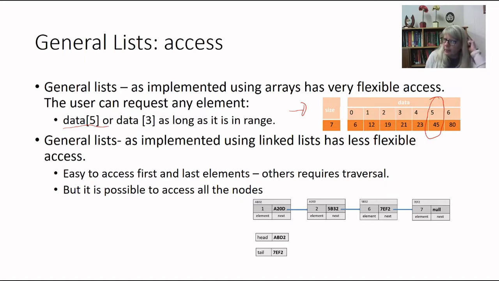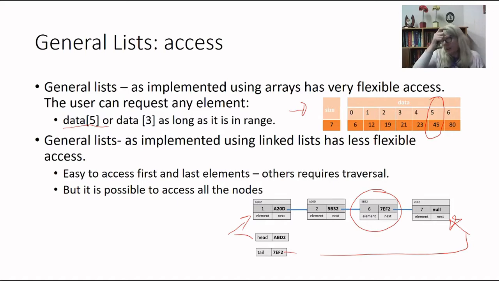But in a queue or a stack you don't have that. For a linked list, I can also access one specific element. It's harder. I have easy access to the beginning and the end, you should know now, because of head and tail. But even in the middle, I can change the value. It's just a bit harder. I need to traverse the list. Now, this is not the case with stacks and queues.